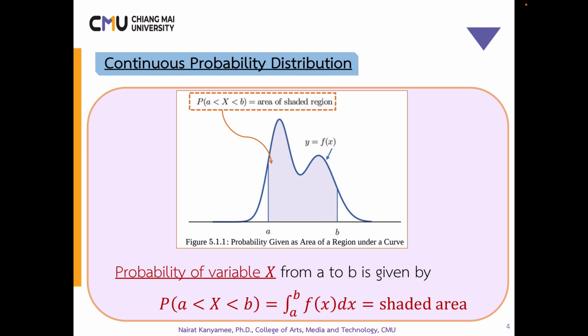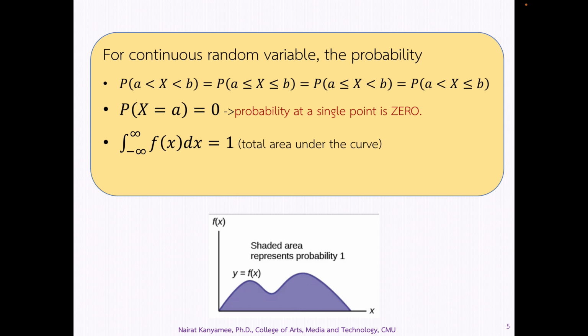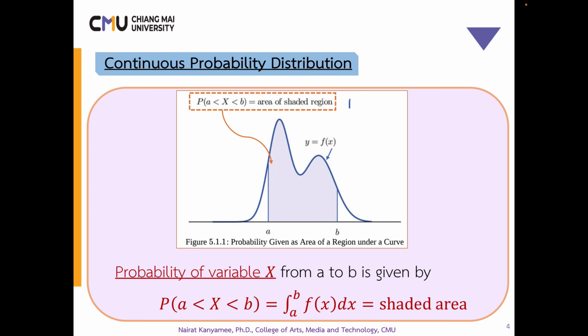Okay, the area of the shaded region. So probability is the area under the curve for a continuous case.